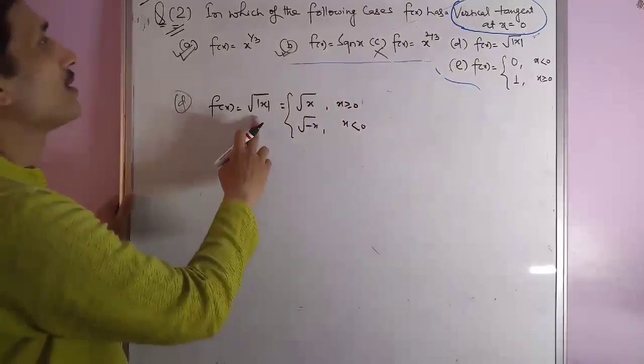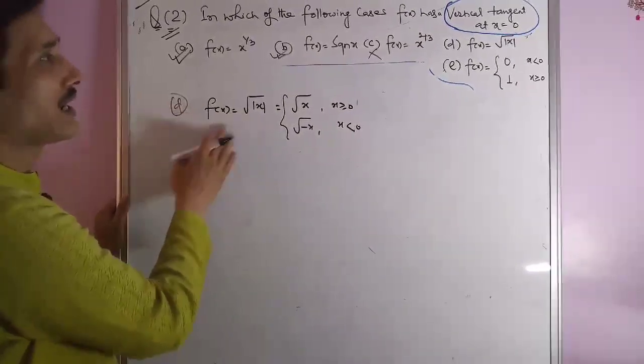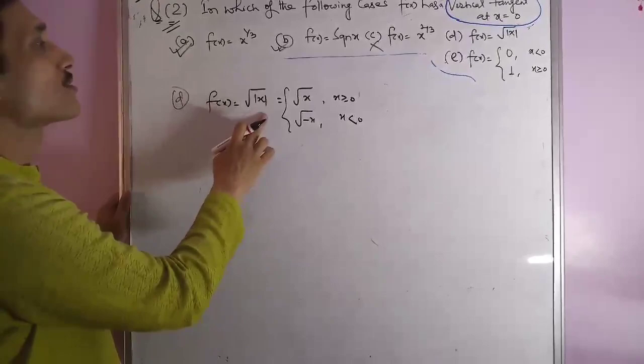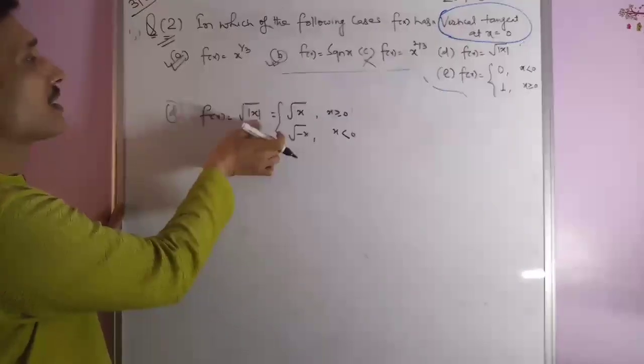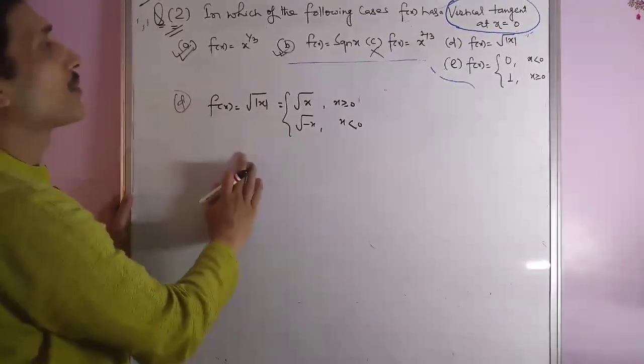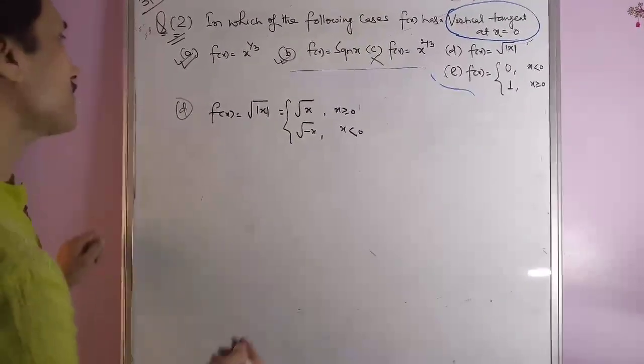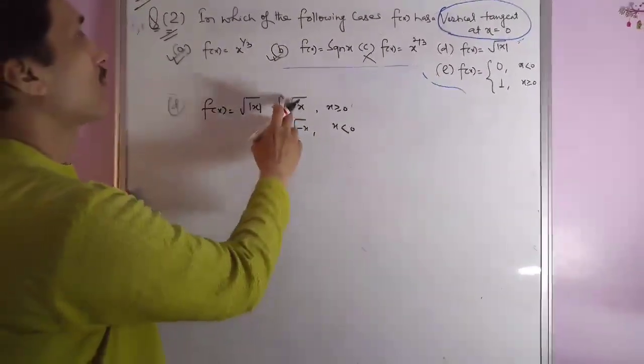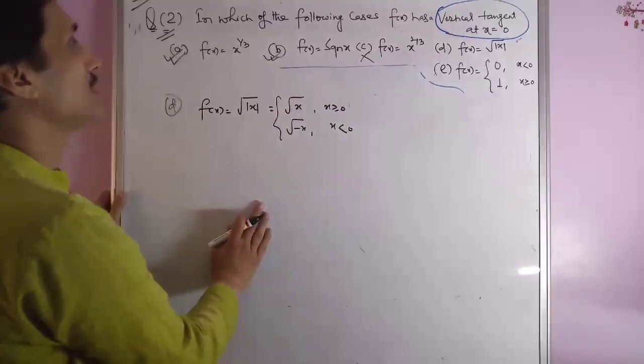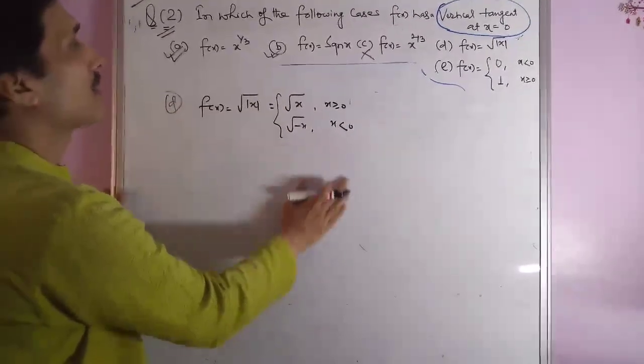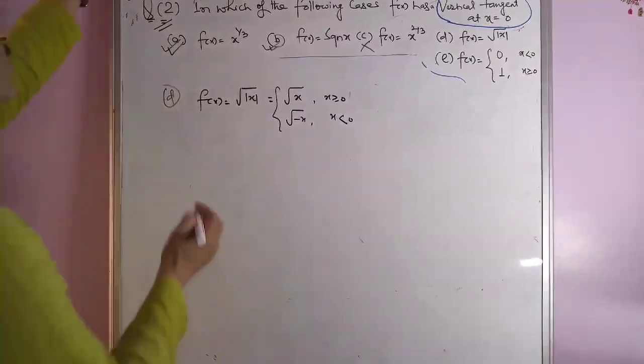So we solve this question analytically and also focus on the behavior of the graph about the origin. Here f(x) equal to under root x for x greater than or equal to 0, and f(x) equal to under root of minus x when x is less than 0.